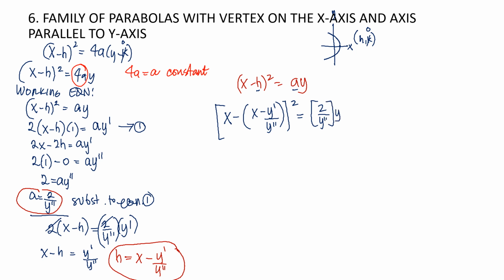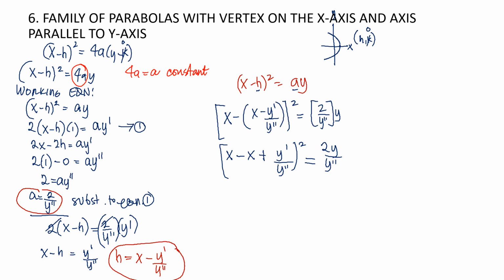Okay. So, this first term on the left, we can simplify. This is x minus x plus y prime over y double prime, and then squared is equals to 2y over y double prime. Okay.